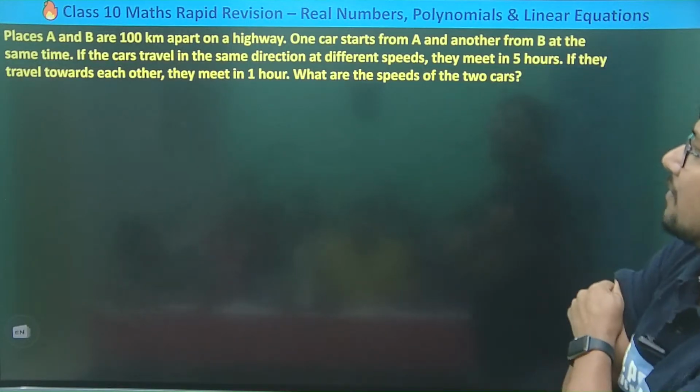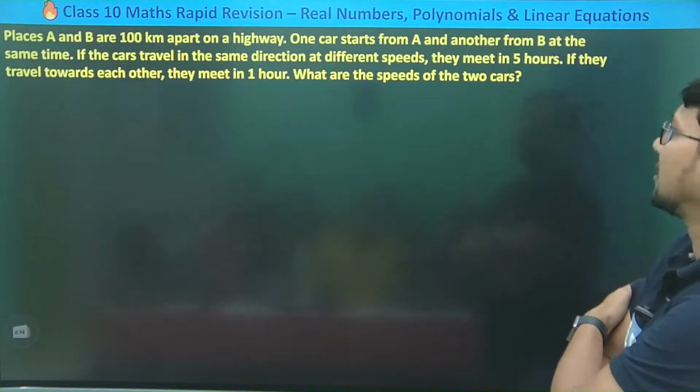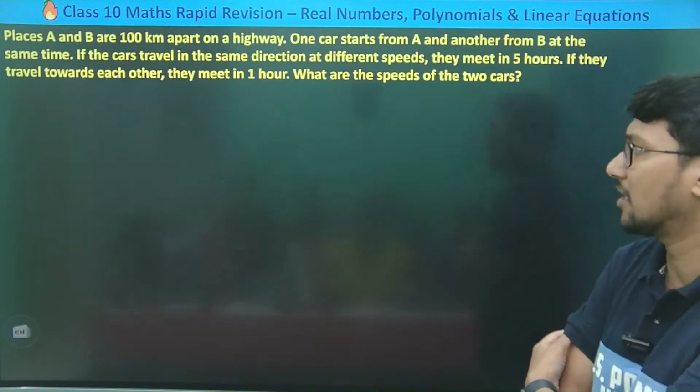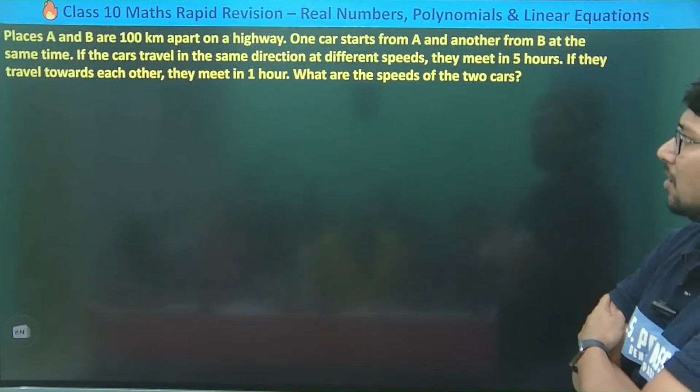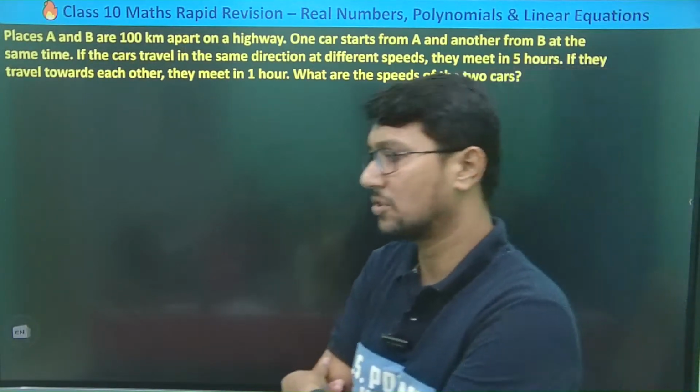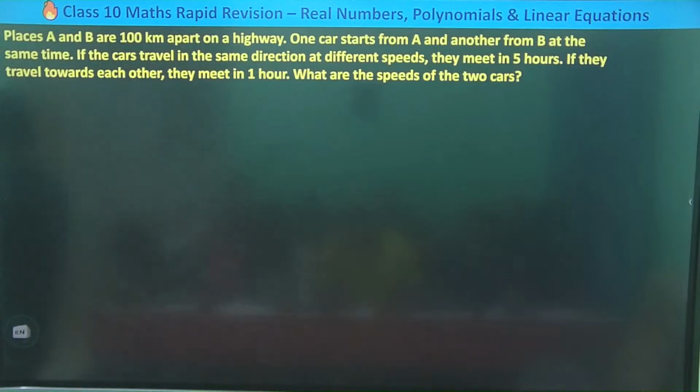If the cars travel in the same direction at different speeds, they meet in 5 hours. If they travel towards each other, they meet in 1 hour. What are the speeds of the two cars? Read the question carefully.